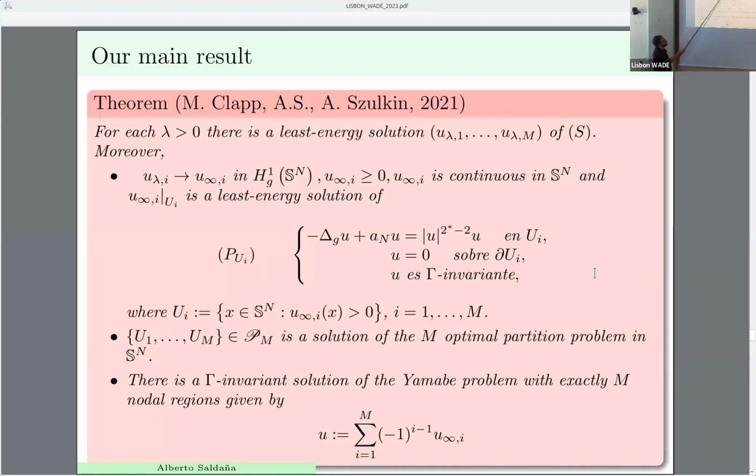For each lambda, there is going to be a least energy solution of the system that depends on lambda and on m. When lambda goes to infinity, these least energy solutions will converge to a limiting profile in the norm of H1_G, which is the Sobolev space that we constructed to give a meaning to the energy functional. Each limiting profile is non-negative and continuous, and if I restrict the profile to its support, the set where the limiting profile is positive, then what I have is a least energy solution of the problem in the support.